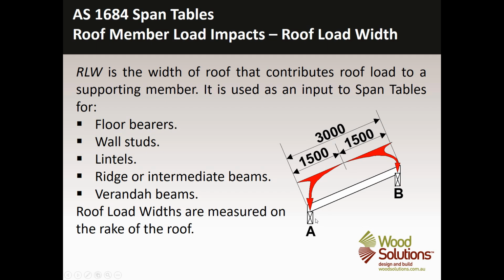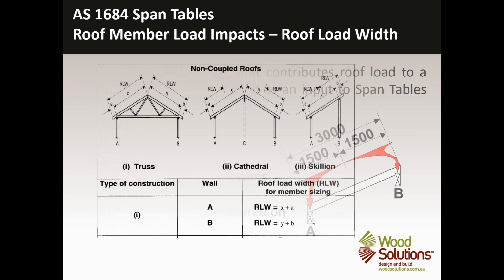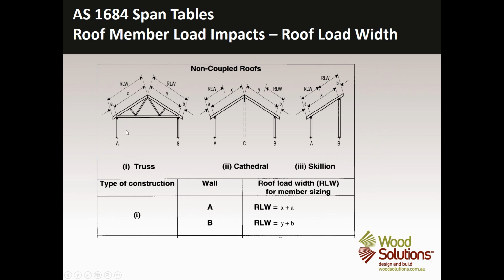So the load going to point A here, for this very simple span, is half that distance. So 1500 millimetres is the roof load width acting on that. Here's some other more complex scenarios.